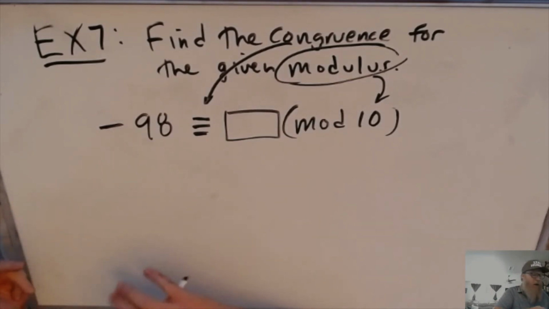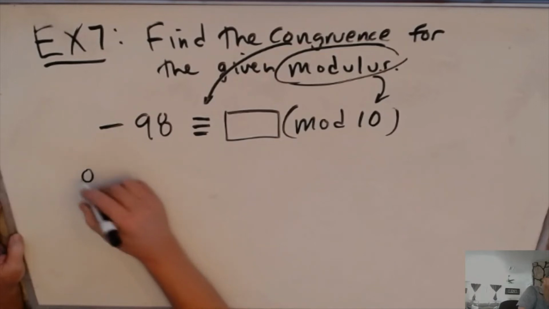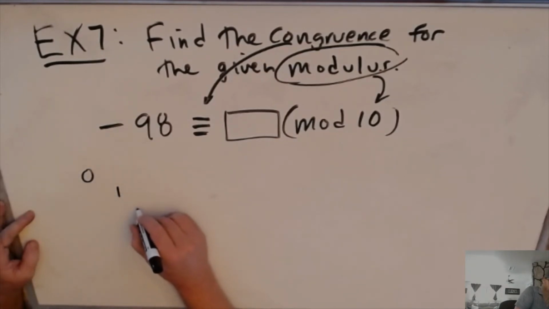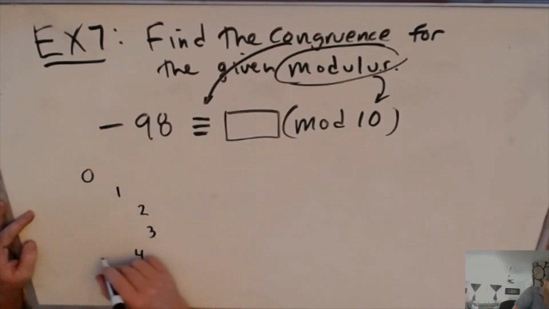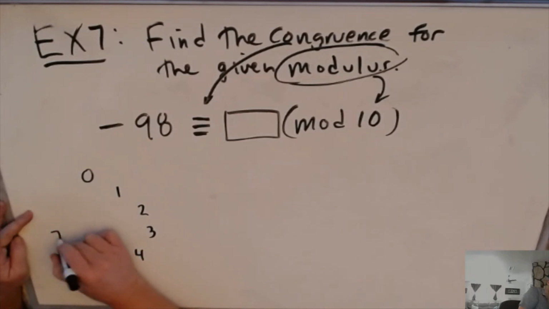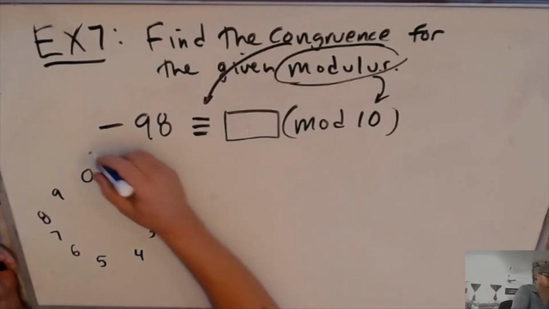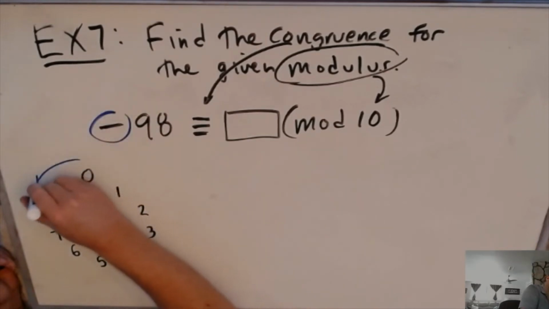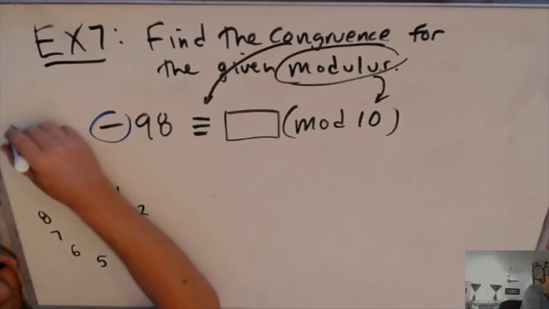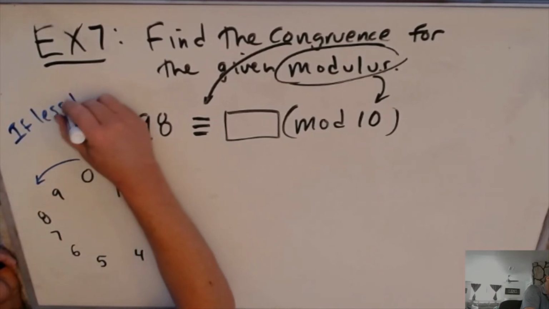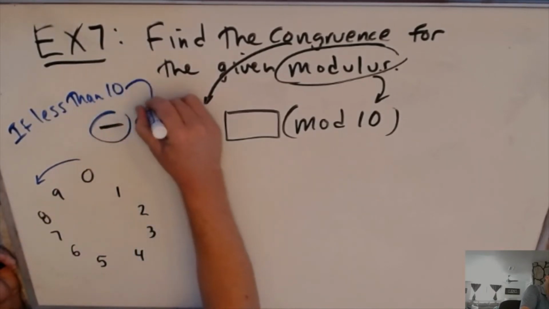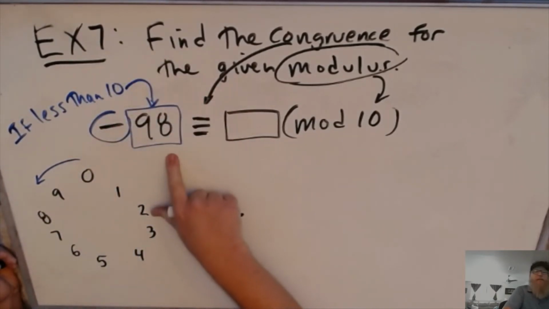counterclockwise on the clock, and I would say, okay, 0 is like 10. 1, 2, 3, 4, 5, 6, 7, 8, 9. And remember, if you have a negative, you would go like this, if this value is less than 10.